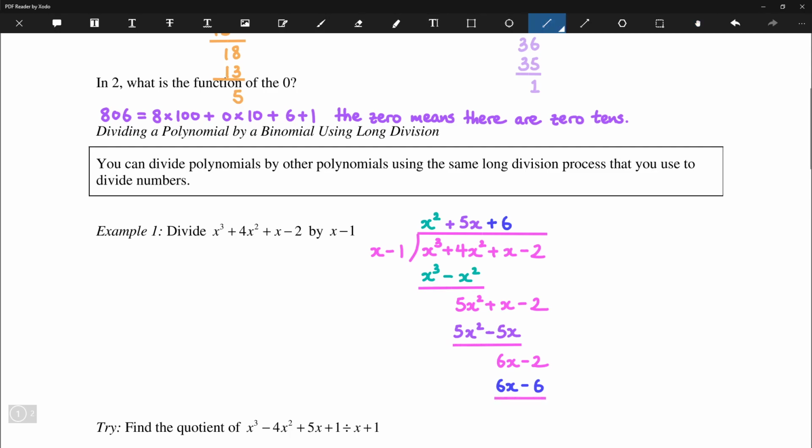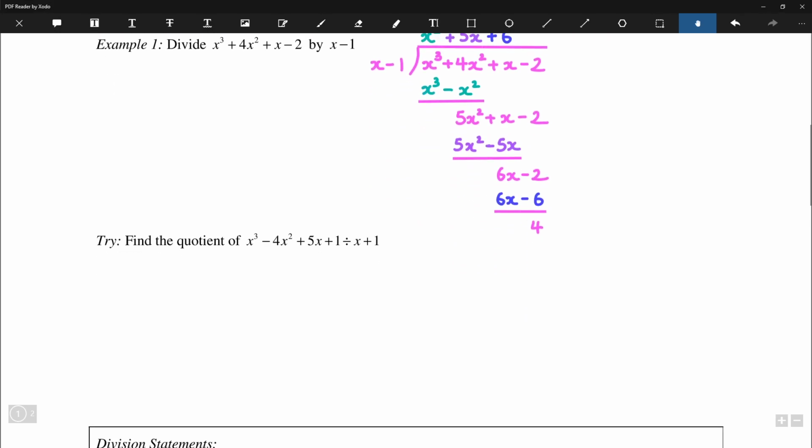And if we subtract again, negative 2 minus negative 6 will give us a remainder of 4. Okay. So that's what we get when we divide.